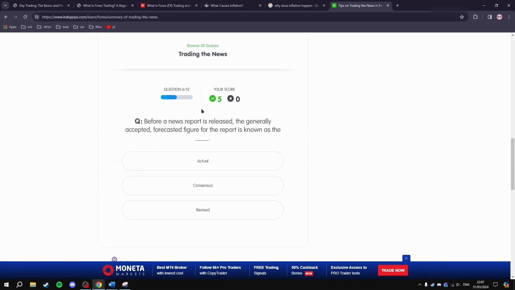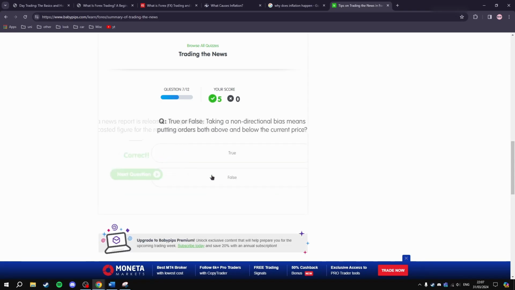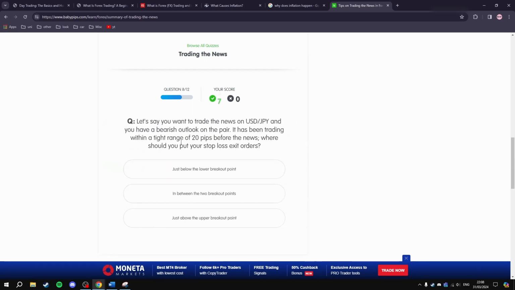Before a news report is released, the generally accepted forecast figure for the report is known as the consensus. True or false? Taking a non-directional bias means putting orders both above and below the current price. True. Let's say you want to trade the news on USD/JPY and you have a bearish outlook on the pair. It has been trading within a tight range of 20 pips before the news. Where should you put your stop loss exit orders?